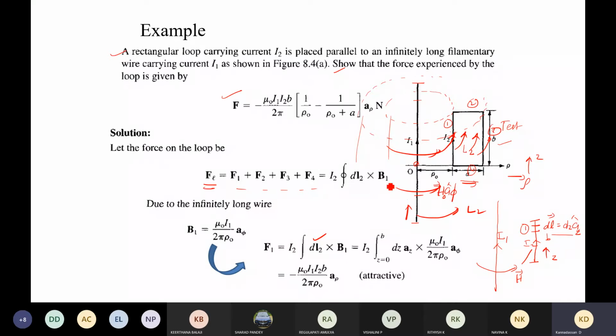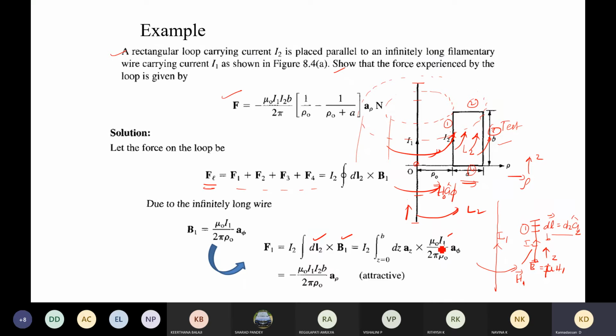The next one is the magnetic field which is induced. The magnetic flux density induced is because of the first one. So we have mu naught H1, where H1 is the magnetic field induced by the infinite line. We already know about that. It is I1 divided by 2 pi rho naught.